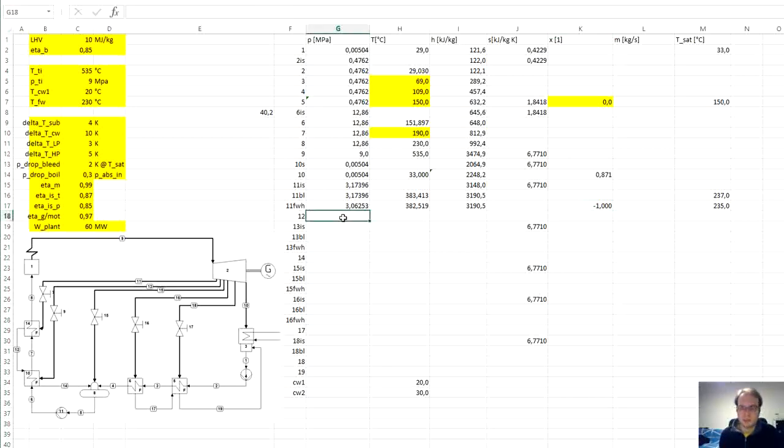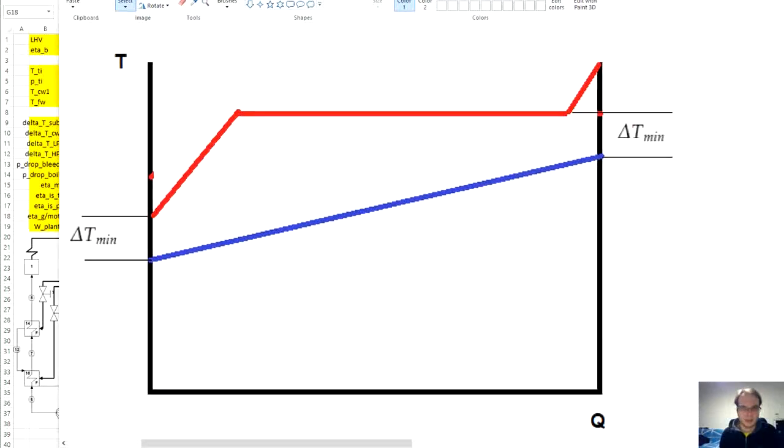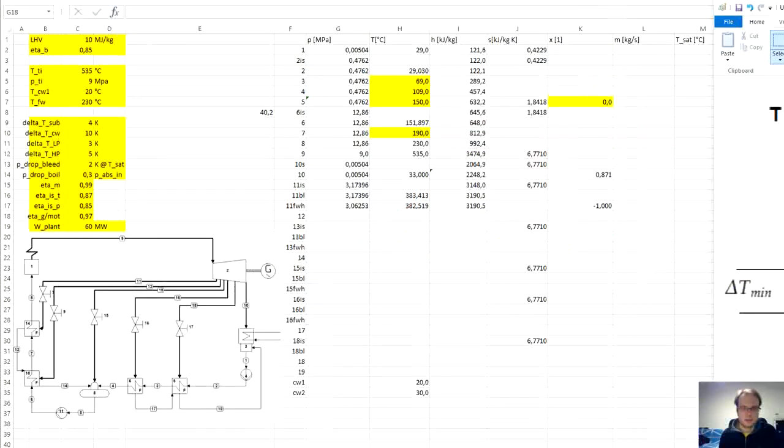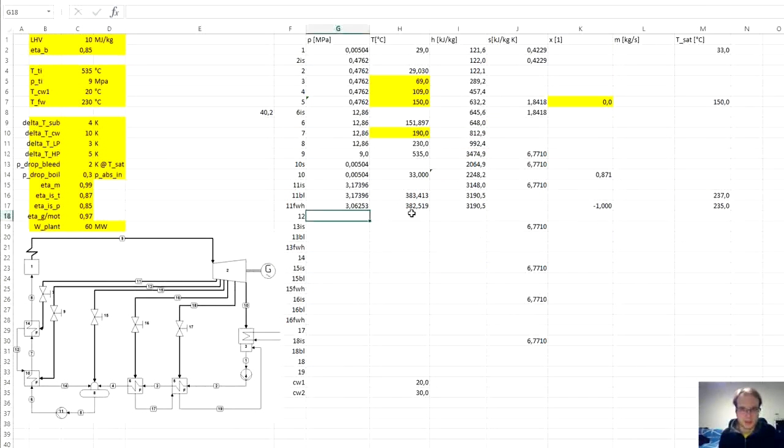Now the point number 2, if you remember the QT diagram, so we also had minimum temperature difference between the condensate outlet and the feedwater inlet. So here we are in subcooled state. The saturated temperature still stays the same, so does the pressure.